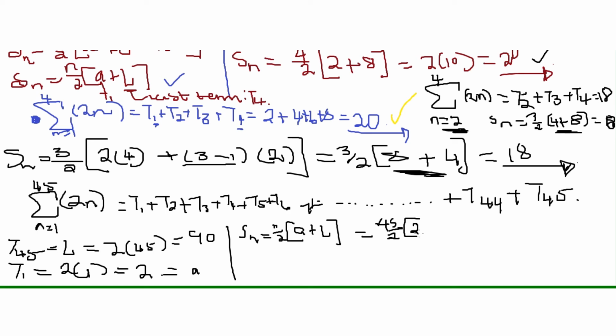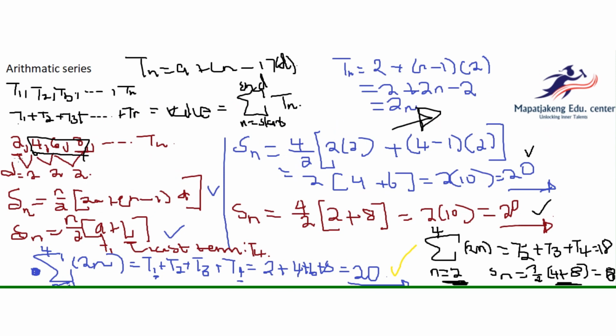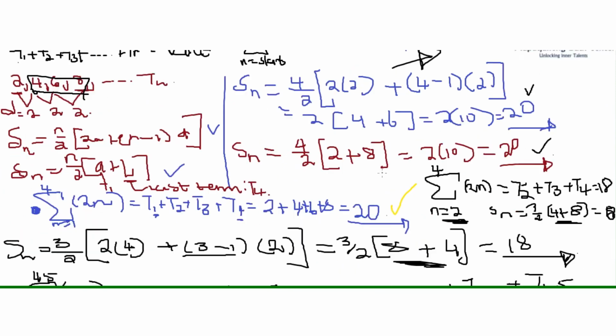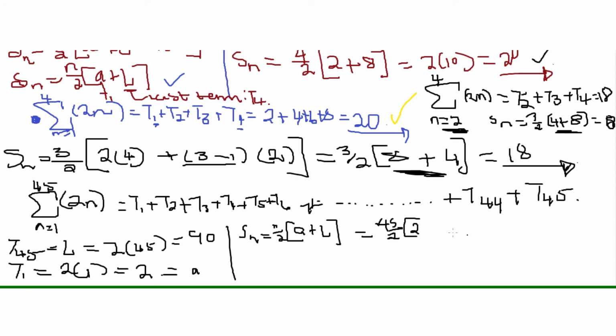Your a is 2, we just calculated here, or you can see where your sequence starts, plus your last number, t45, it's 90. Then this gives you 45 over 2 into 2 plus 90. That's your 2070 answer.